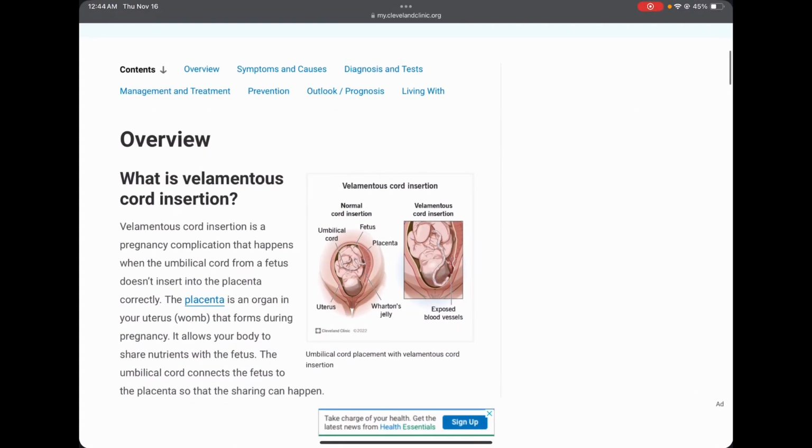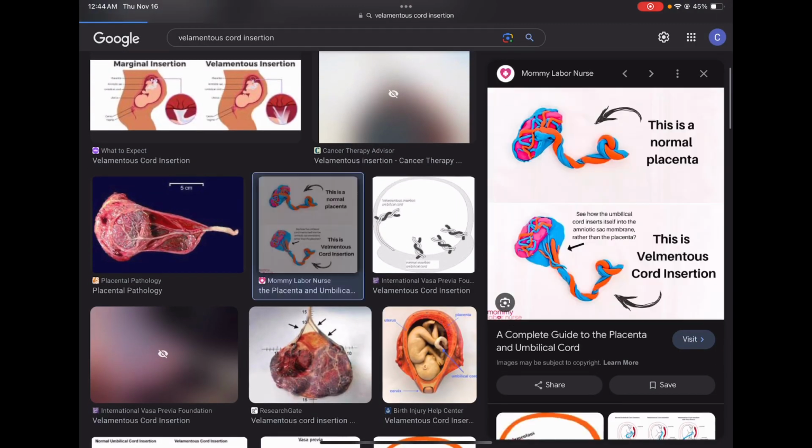There is another really good picture for this. So this is the normal placenta. This is filamentous cord insertion. See how the umbilical cord inserts itself into the amniotic sac membrane or the placental membrane rather than directly into the placenta, right?